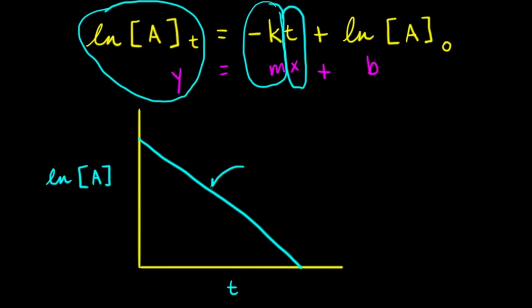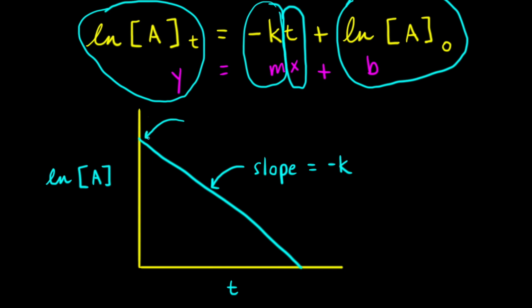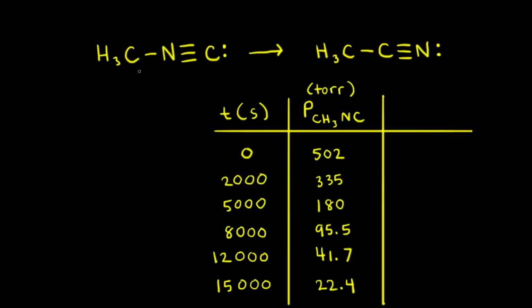So the slope of this line would be equal to the negative of the rate constant k, and the y-intercept would be equal to the natural log of the initial concentration of A. So right where this line meets the y-axis, that point is equal to the natural log of the initial concentration of A.